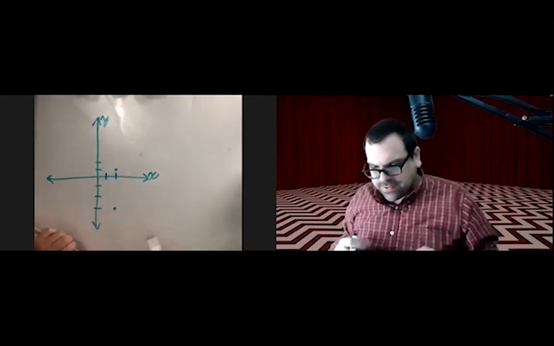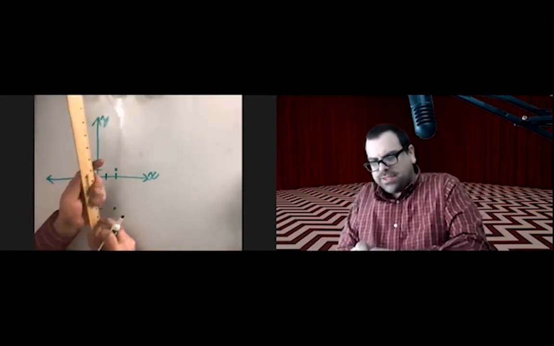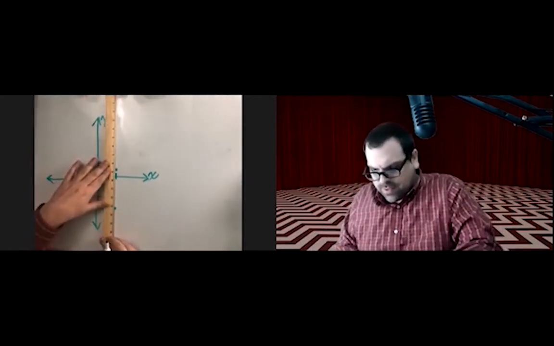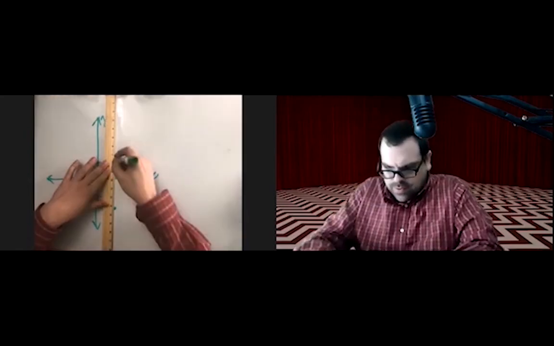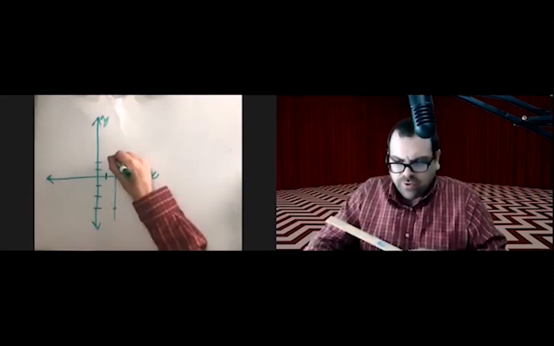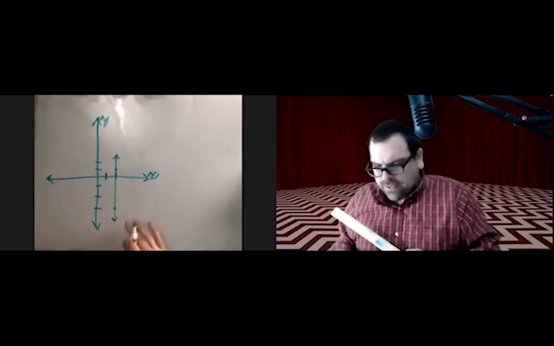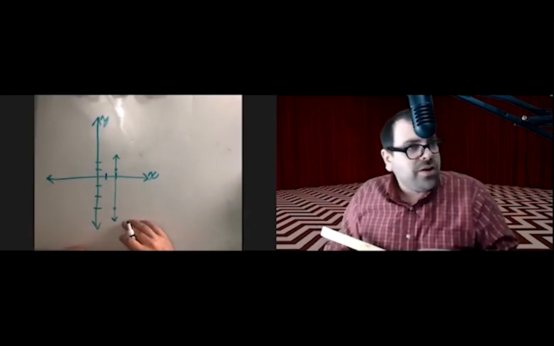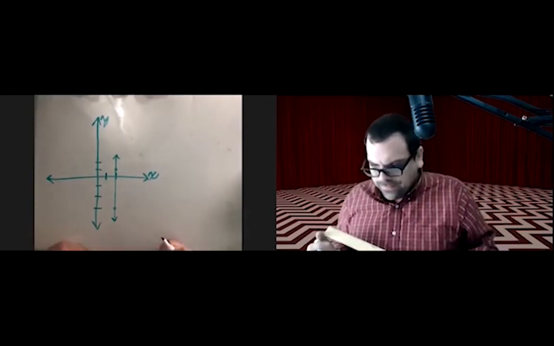Here's 2 points. And these 2 points do make up a vertical line, a line that we called undefined slope.